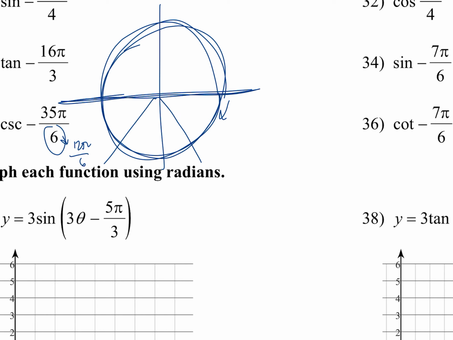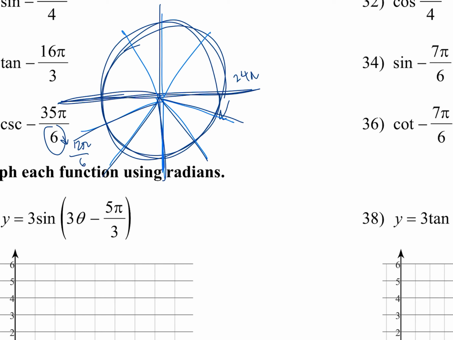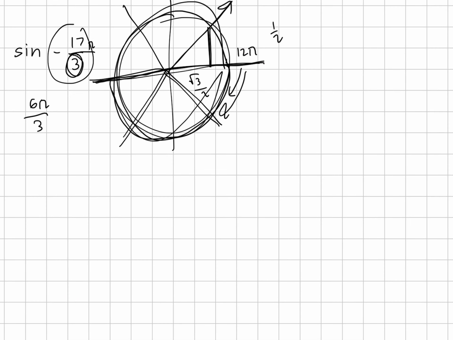So you're at 24 pi right now, and you have 25, 26, 27, 28, 29, 30, and then 31, 32, 33, 34, 35. So it would be here, and that's square root of 3 over 2, and then 1/2. And that angle is pi over 6, and the other one was pi over 3. Okay, so that's how you do that.